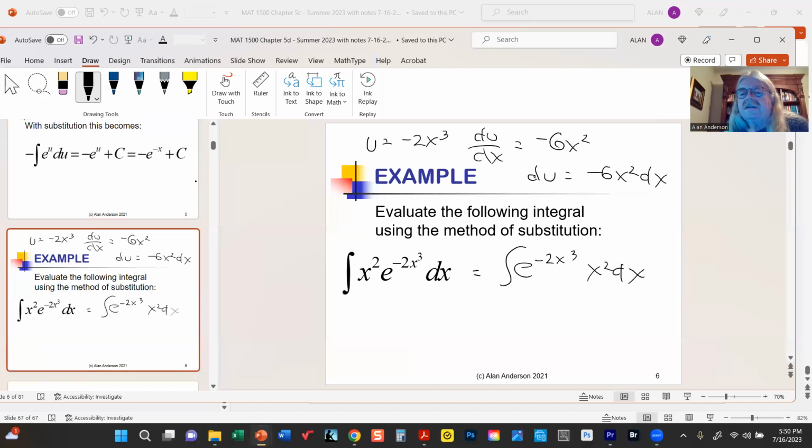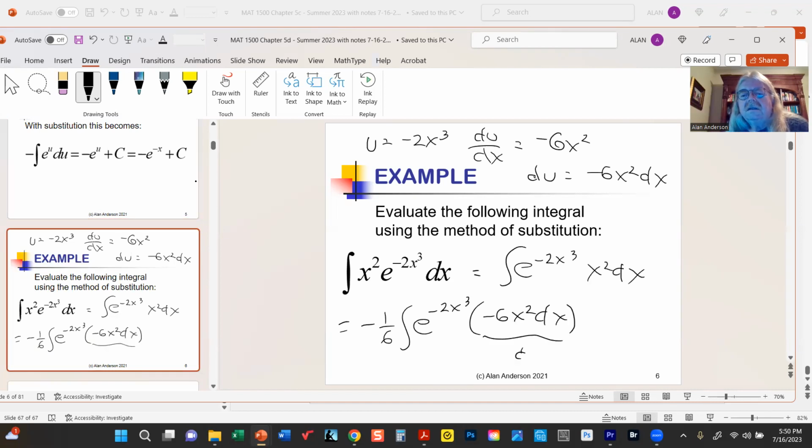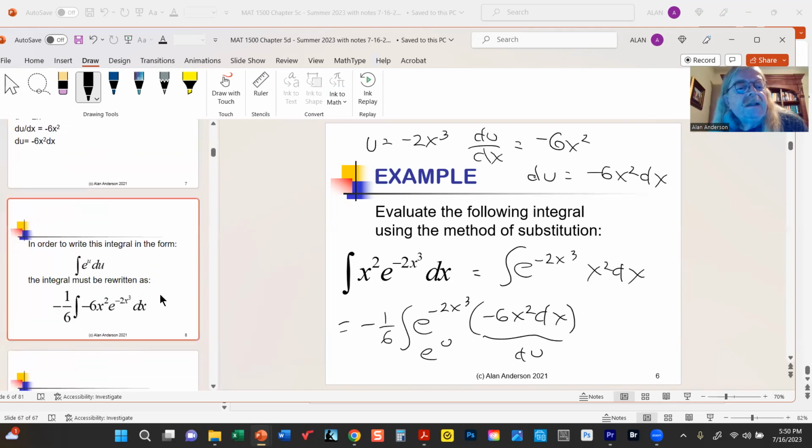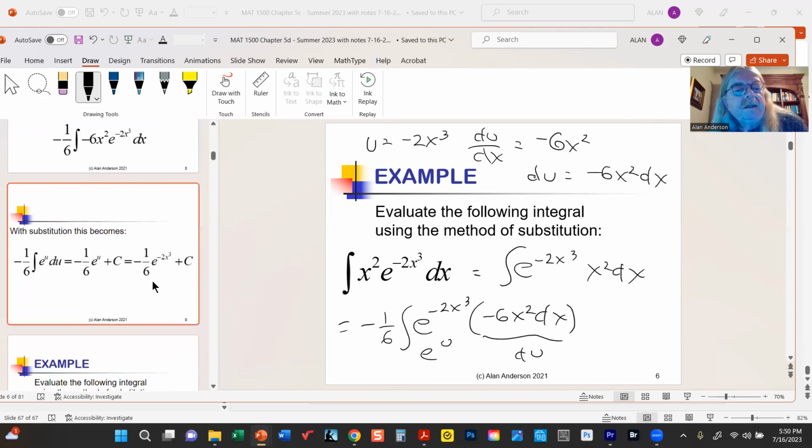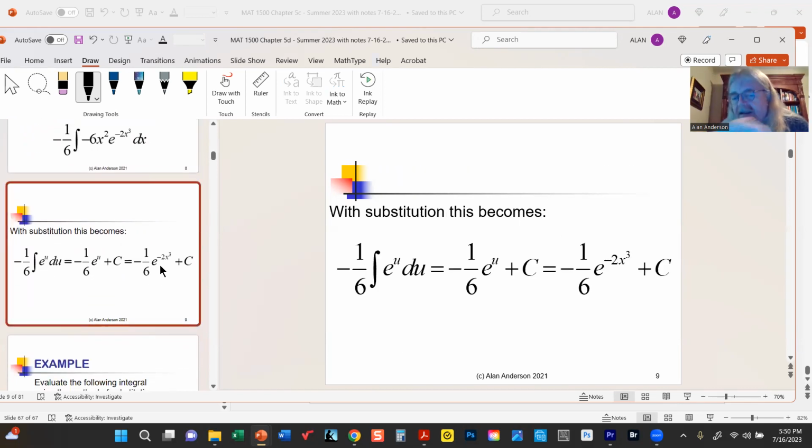We need a -6. Okay, so let's write this as, first we multiply the outside by -1/6. That makes this du. This is e to the u. Okay, so we're all set. But the tricky part was the -1/6, recognizing that we needed it. So we end up with -1/6 e to the u plus c. And of course, the u itself was originally -2x cubed. So this is our final answer.